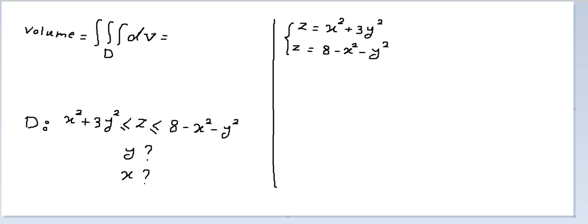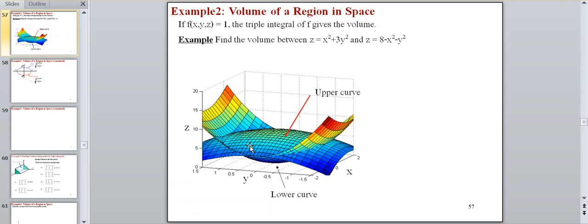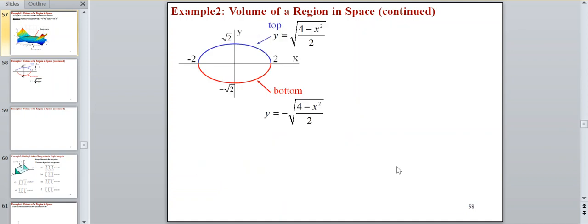It means we have to get the image of this region D on the xy plane. On the next page, you can see the image of region D on the xy plane is this ellipse. But you may wonder why. I mean, how could we get this ellipse?